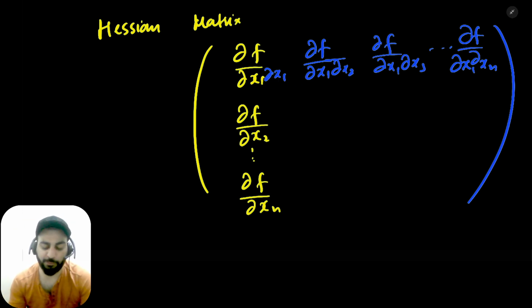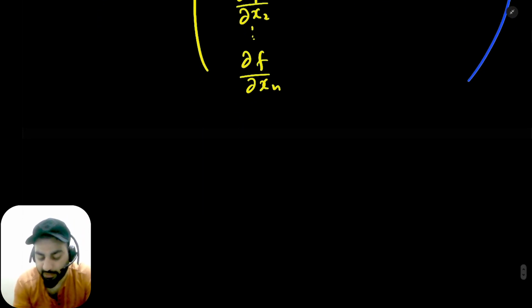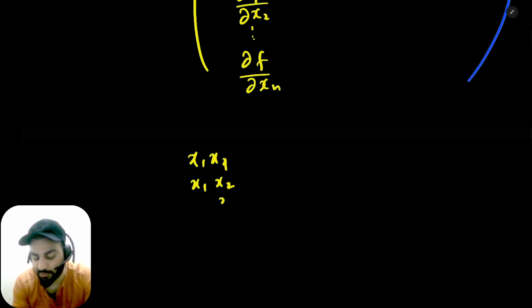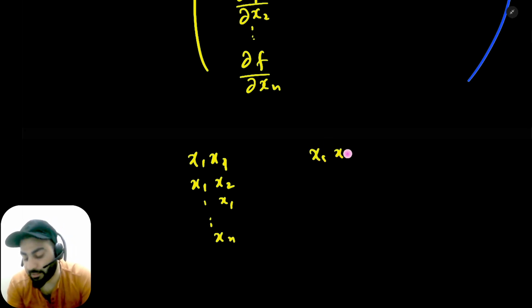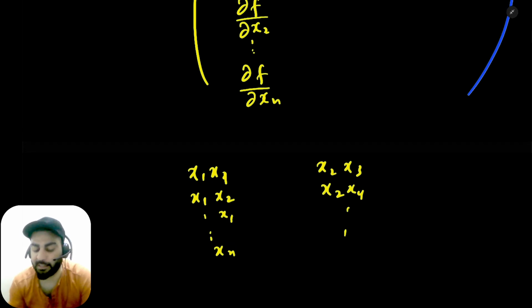If you have x1 till xn, how many combinations will there be? There will be n squared combinations, because you take x1 x1, x1 x2, x1 x3 and so on till xn, and you also take x2 x3, x2 x4 and things like that. That's what is written here.